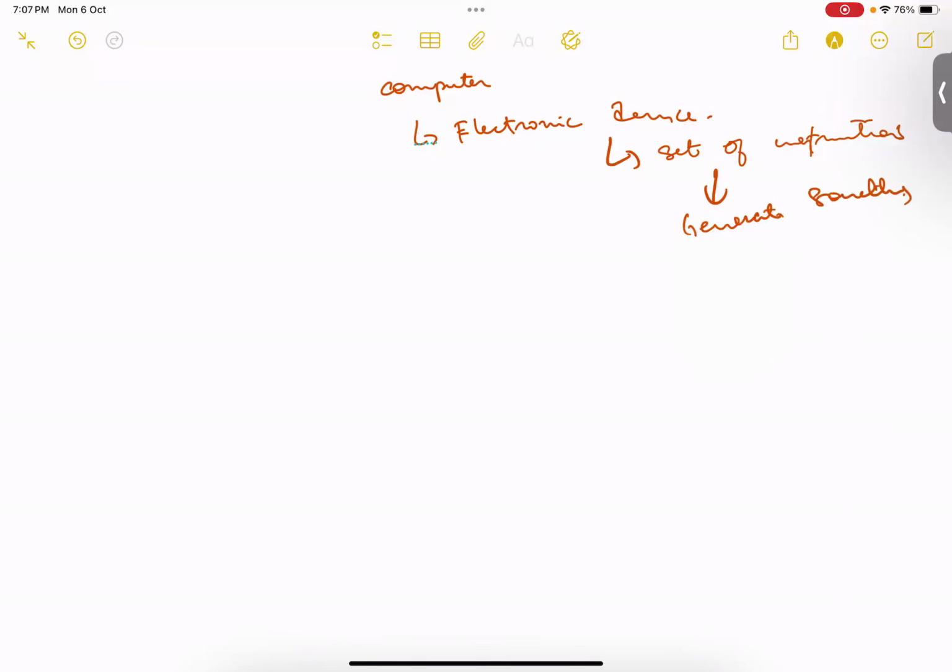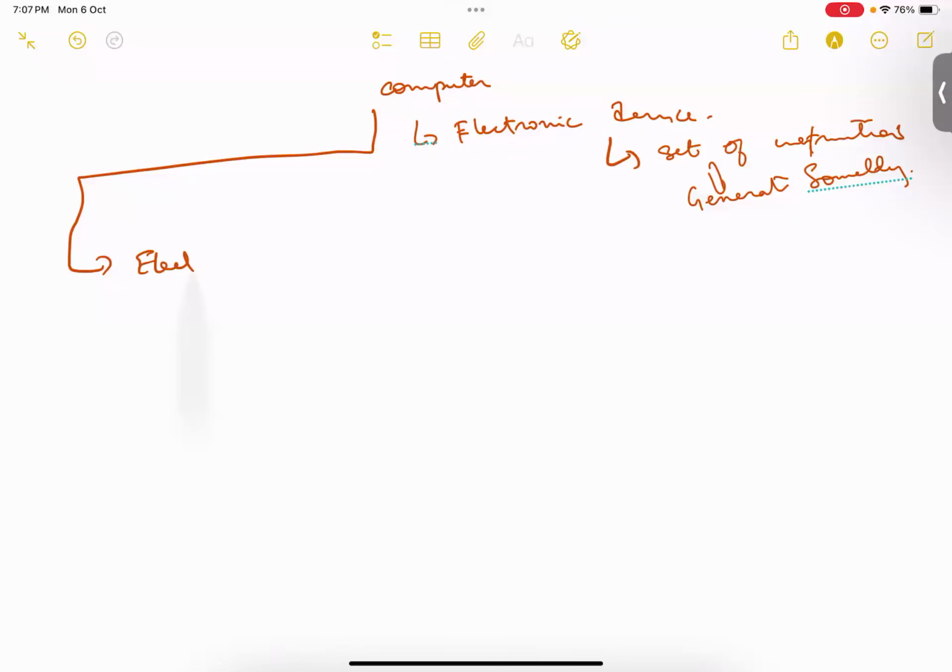So when we define a computer, we generally define it as an electronic device that manipulates information, right?